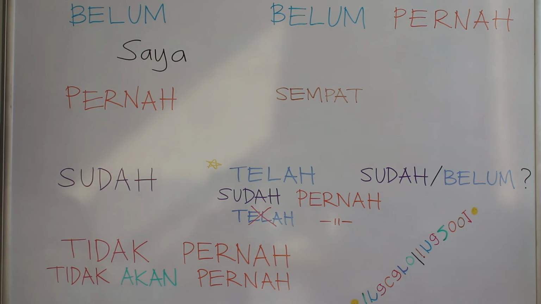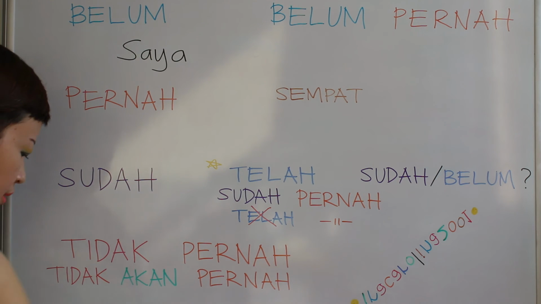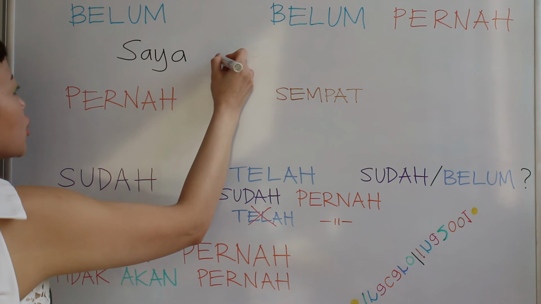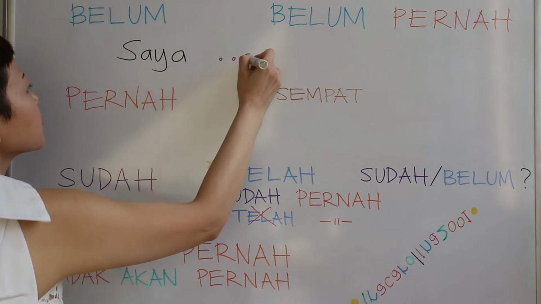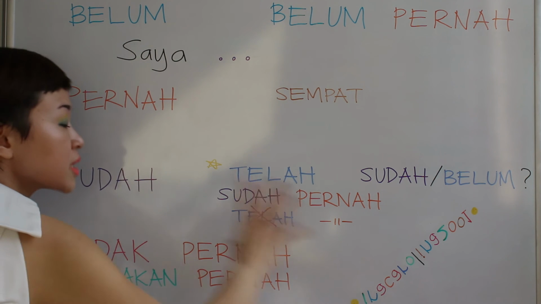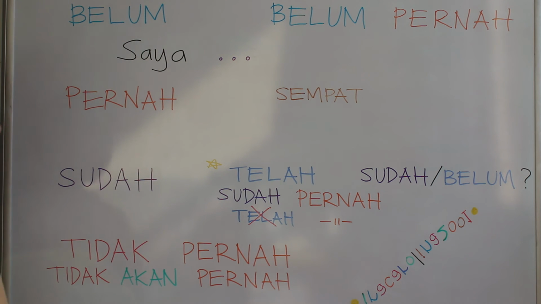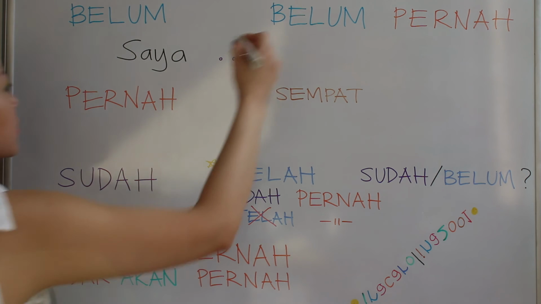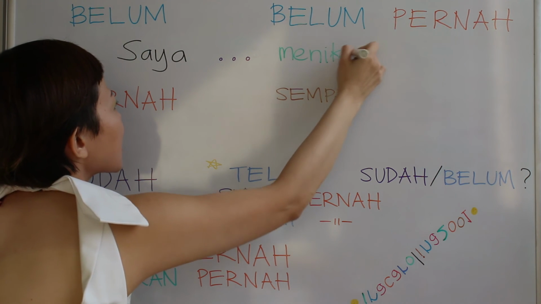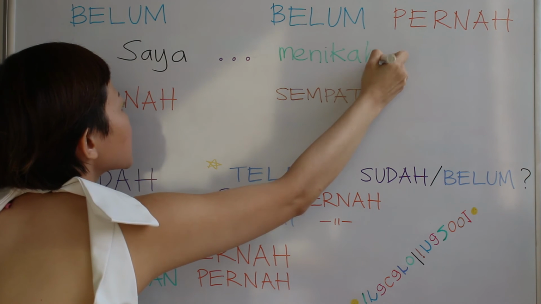Saya is I, saya or aku, it means I. And then I will put a word here, we can fill this with words. I will put menikah, married.